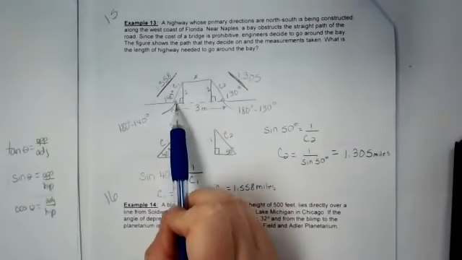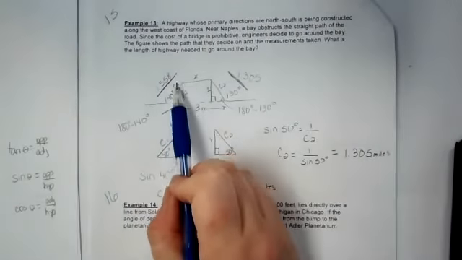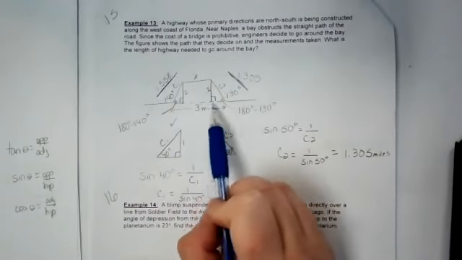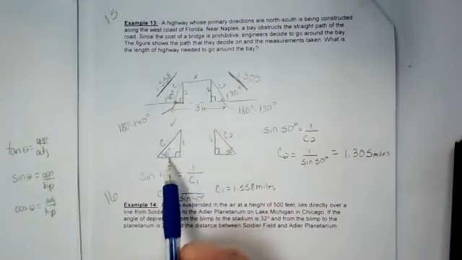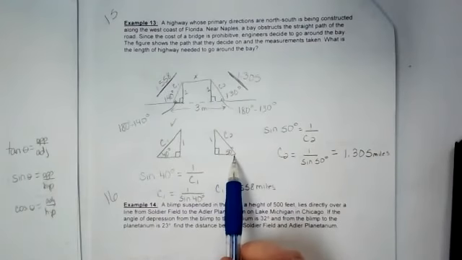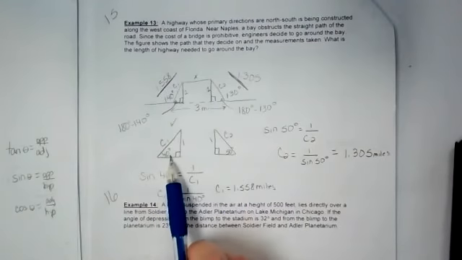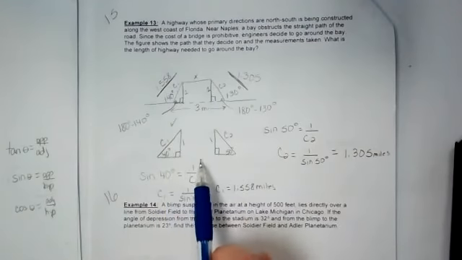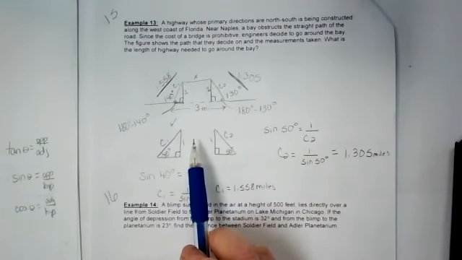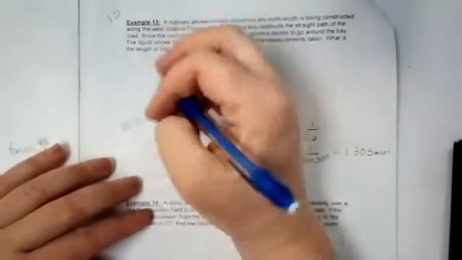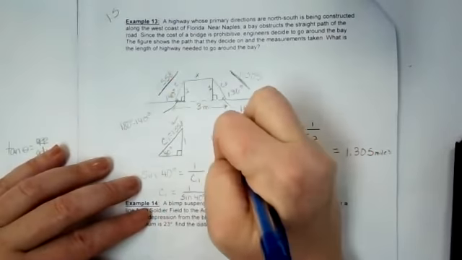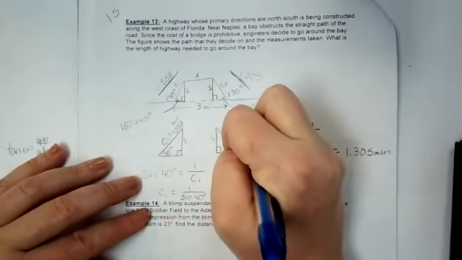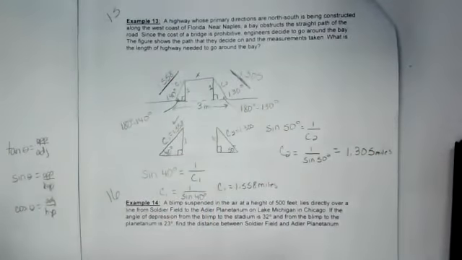And what I know is that from here to here is 3 miles. So I'm going to find this little bottom portion of each triangle, and then I'm going to do 3 minus those 2 bottom portions to get this part that we want, which is x. We already found C1, it was 1.558. We found C2, it was 1.305.